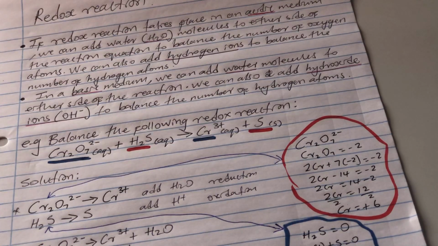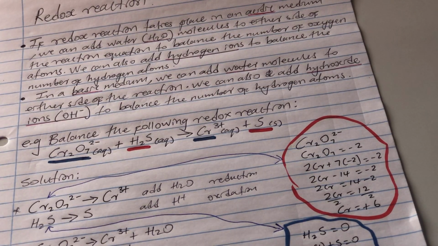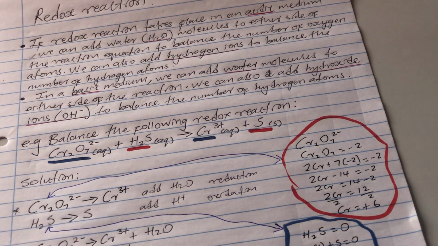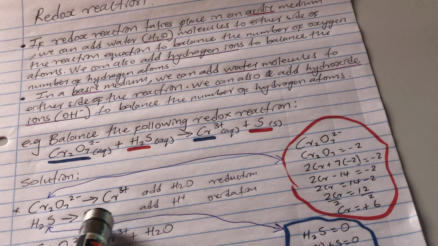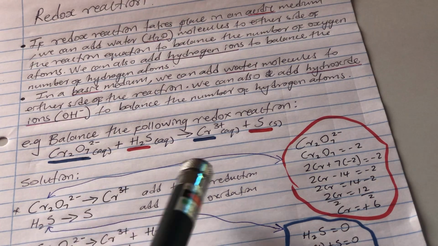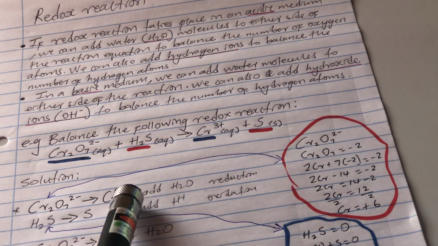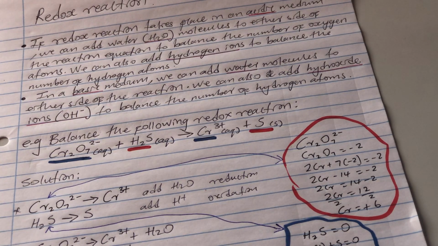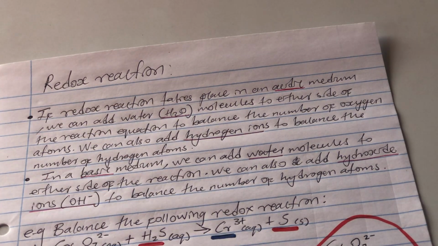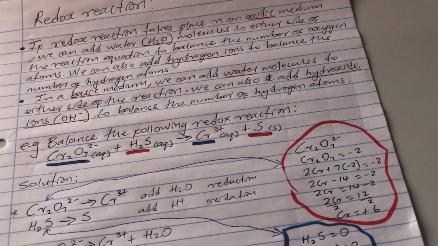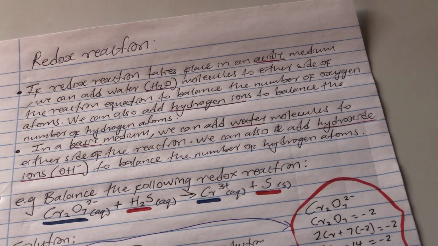Now, how do we move forward? If we check this ionic compound, it contains O. And this other compound, H2S, contains H, but we don't have H on the product side. Same applies to this one for reduction. We don't have oxygen on the side of the product. It means that what I've talked about in these paragraphs must apply. There must be an addition of water here to balance the oxygen, because water contains oxygen.